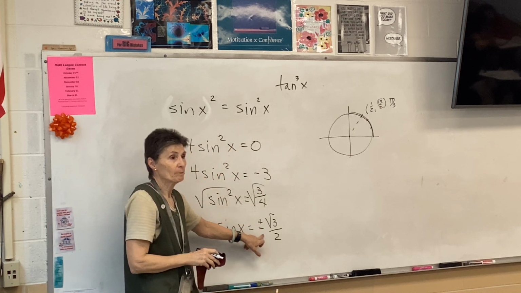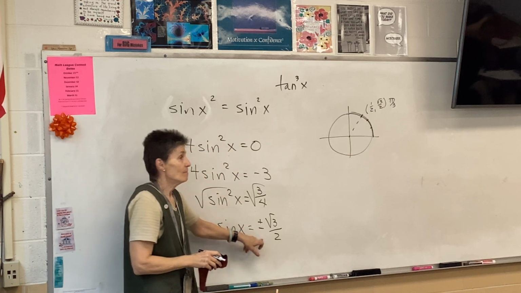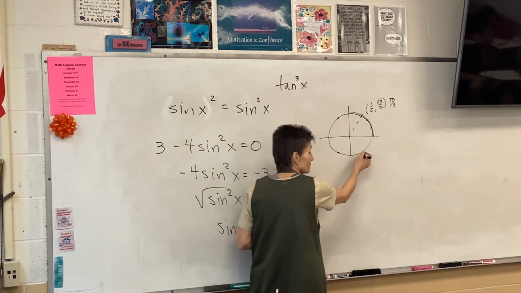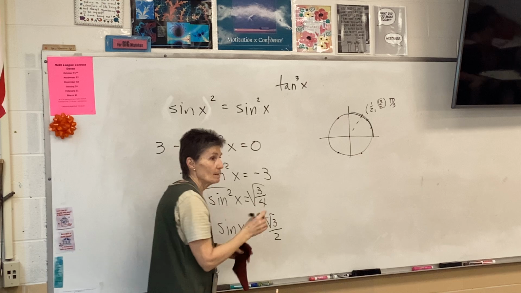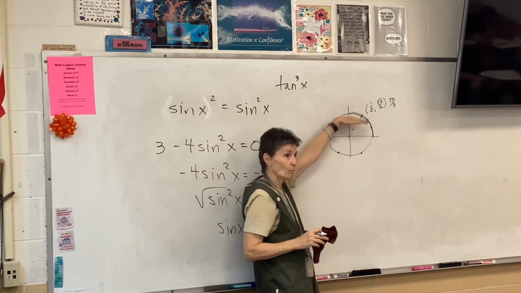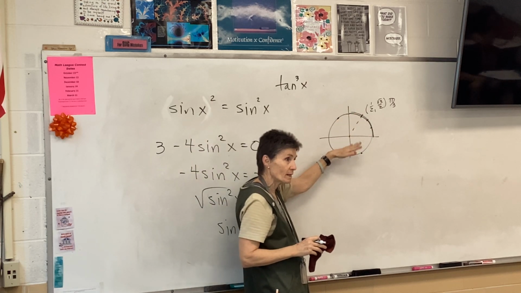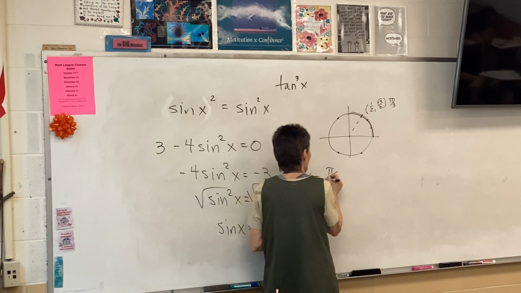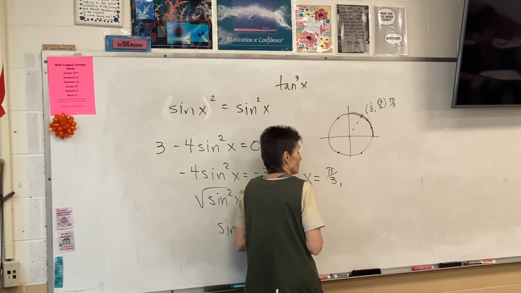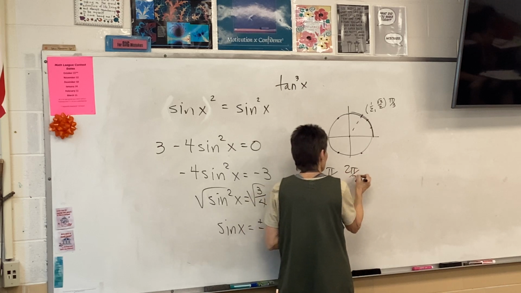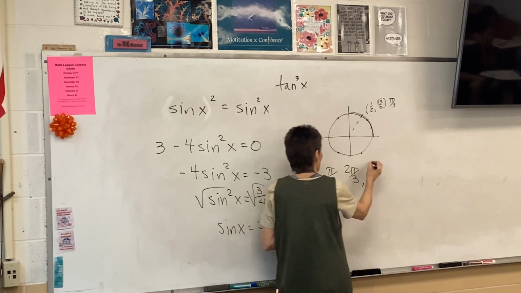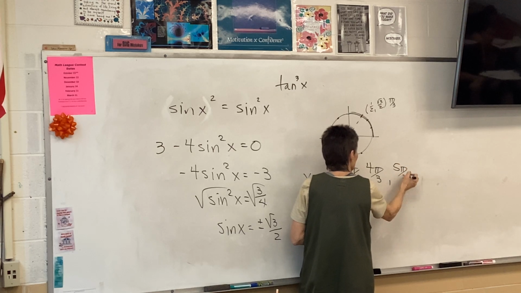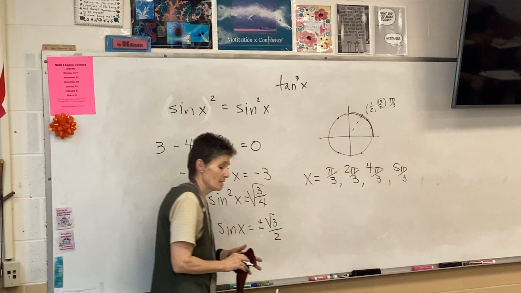But because that's a plus or minus, doesn't that mean I need every pi over 3? Because these would be the positive ones and these would be the negative ones. So what are the answers to the question? Certainly pi over 3, 2 pi over 3, 4 pi over 3, and 5 pi over 3. Yep, that's it.